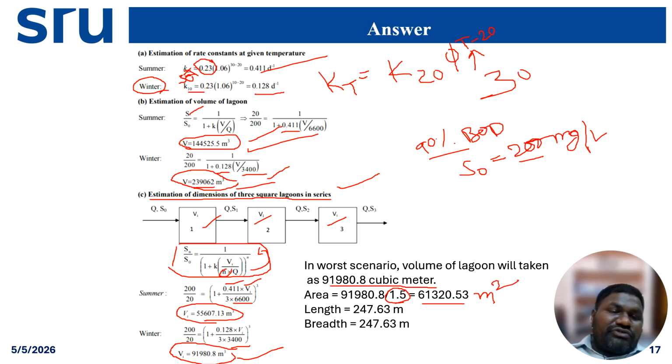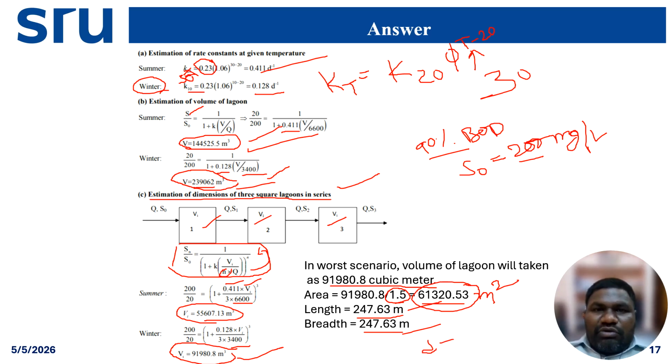It is in a square size, so the square root of 61,320.53 gives 247 meters as the length and 247 meters as the width. Then the depth is given in the question as 1.5 meters.